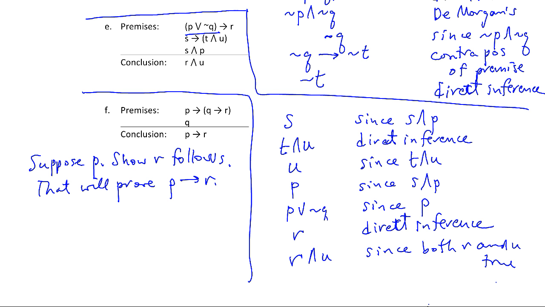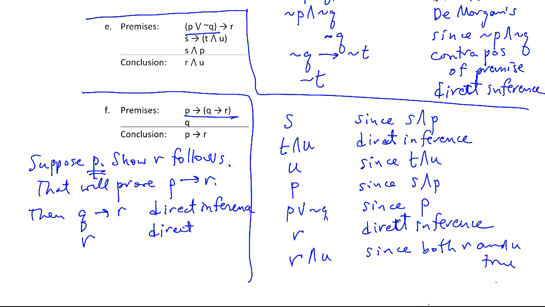So let's suppose P, then Q implies R by direct inference, because I had both P and I had P implies Q implies R. Now I have Q though, and so I can conclude R, since by direct inference again, I had both Q implies R here, and I had Q as a premise.